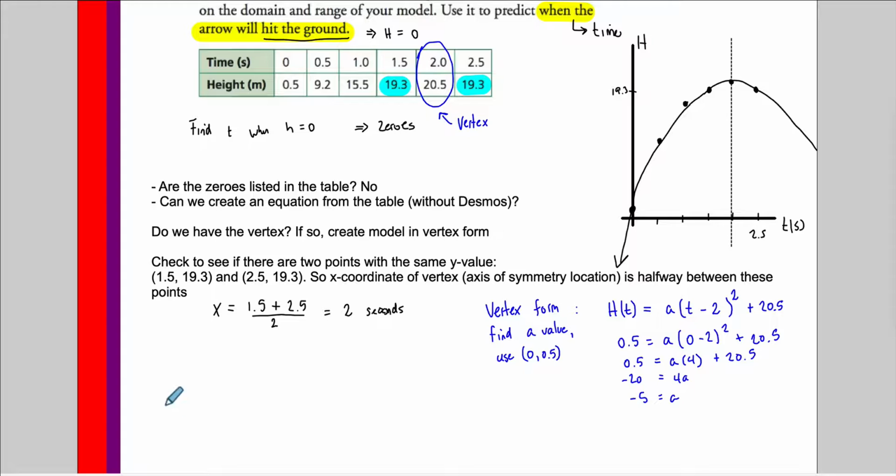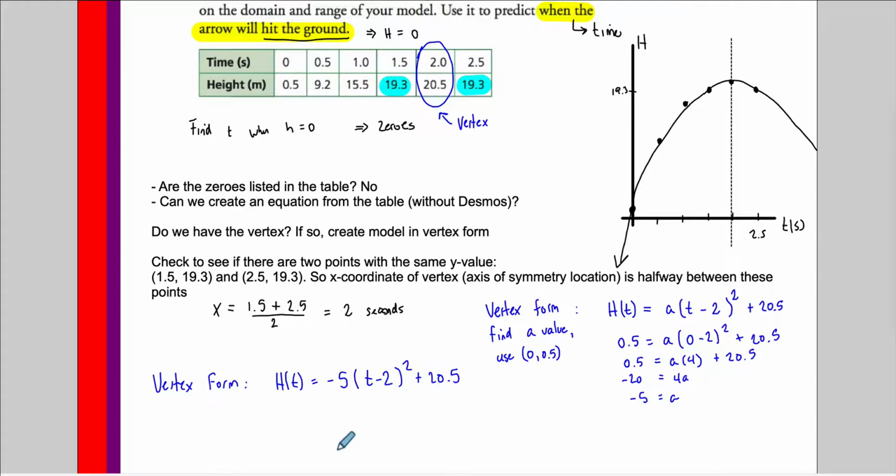Okay, so vertex form is h of t is equal to negative 5 times t minus 2 squared plus 20.5.